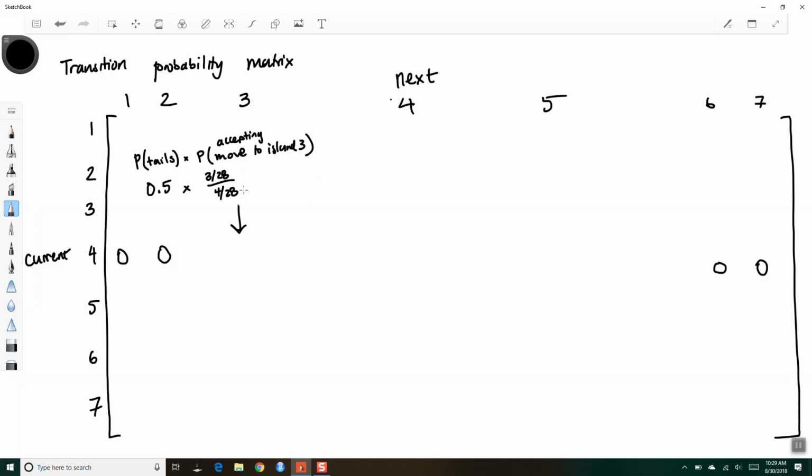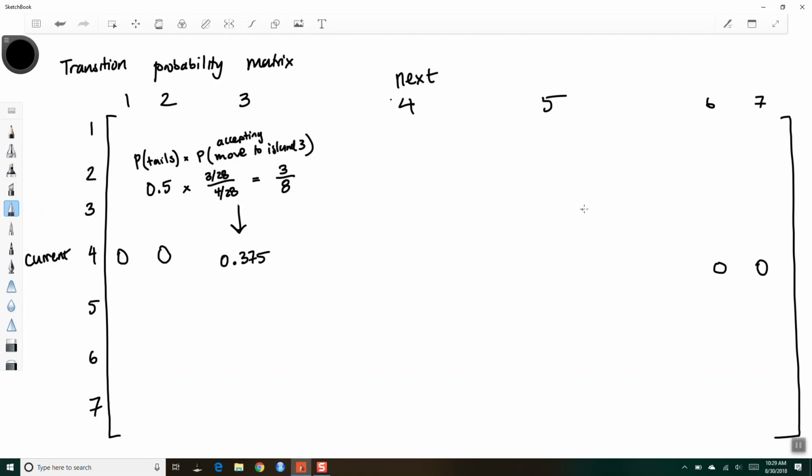We move with probability P proposed divided by P current, okay? So this is 1/2 times 3/4, which is basically 3/8. So we have 0.375. Is that okay?